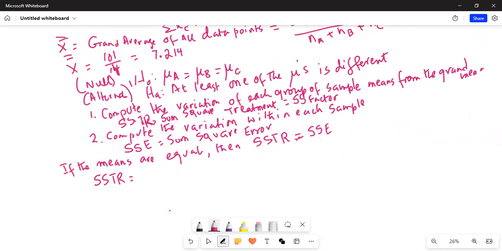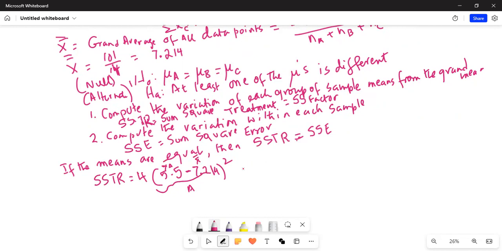So for example, for A, the sample mean is 5.5. And how far is it from the grand mean, which is 7.214? And since it is sum square, we square this variation and then multiply it by the sample size in A. So this is XA bar and this is X double bar, the grand mean.